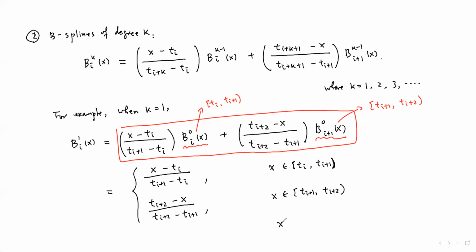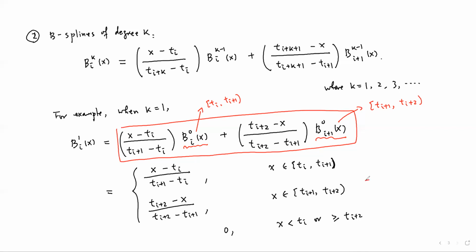When X is less than TI, or greater than or equal to TI plus 2, the value of this function is 0.